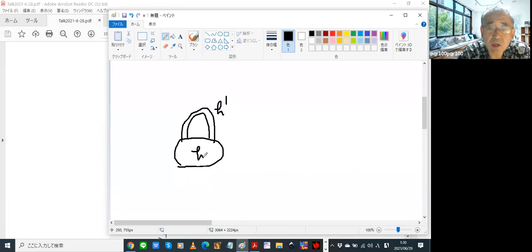H1 and H0, n-dimensional 0 handle and n-dimensional 1 handle is S1 cross D^(n-1).